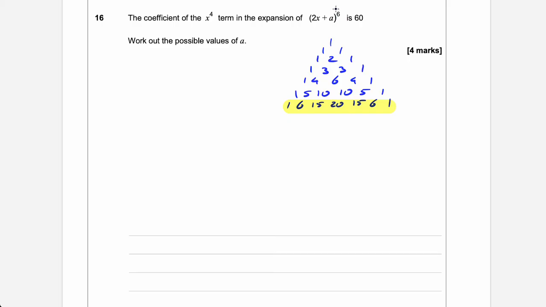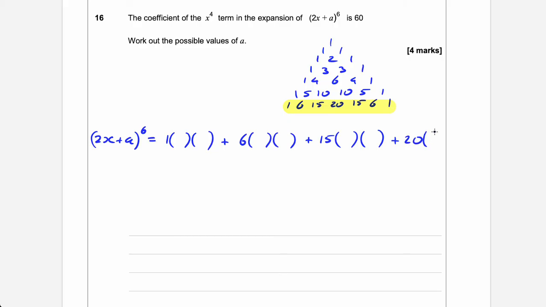Okay, so the way I like to do this, guys, is I go 1 bracket bracket. So this thing expanded, this (2x plus a) to the power of 6, is equal to 1 bracket bracket plus 6 bracket bracket plus 15 bracket bracket plus 20 bracket bracket.